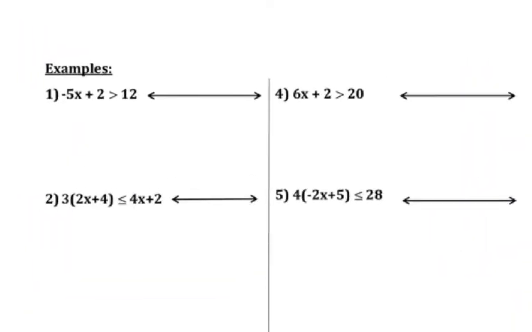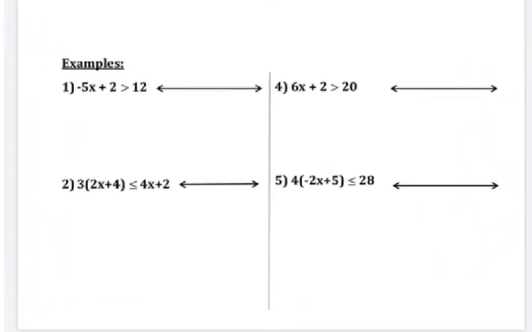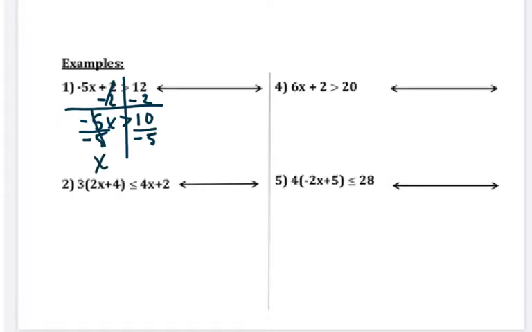In example number 1, we're going to do the exact same thing. We solve it like an equation. I move my constant to the other side. That leaves me with negative 5x is greater than 10. I get x by itself by dividing both sides by negative 5. So that leaves me with an x.